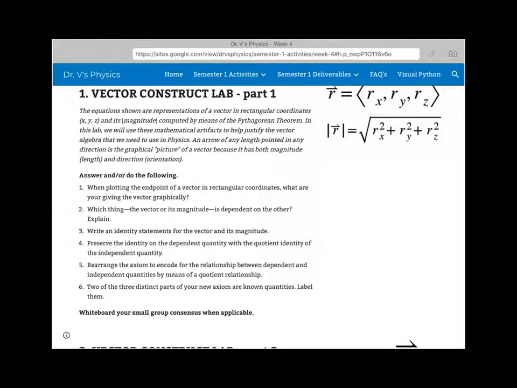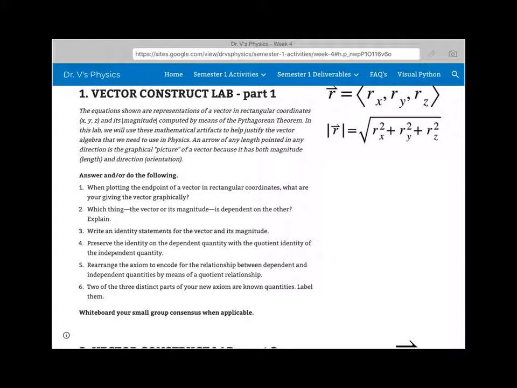Number two, which thing, the vector or its magnitude, is dependent on the other?